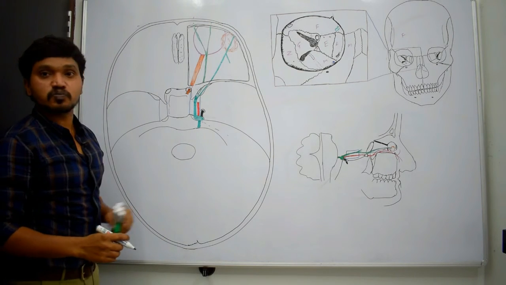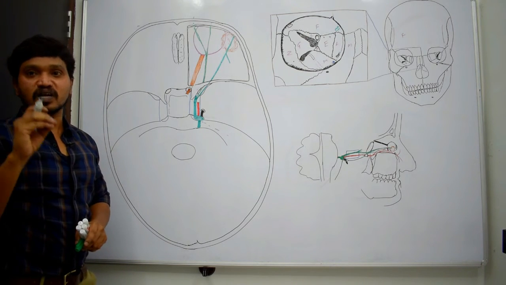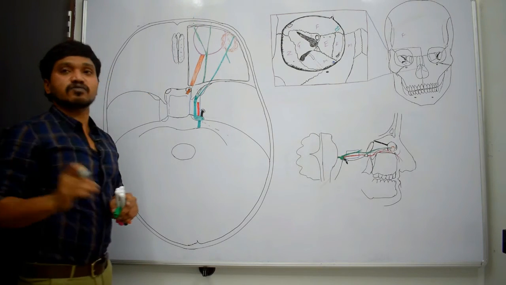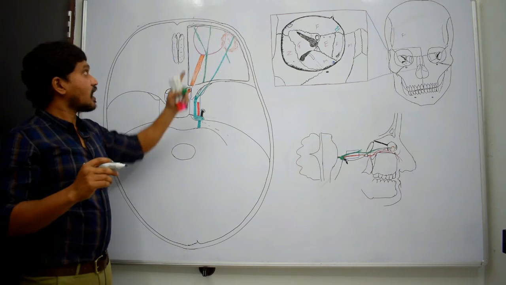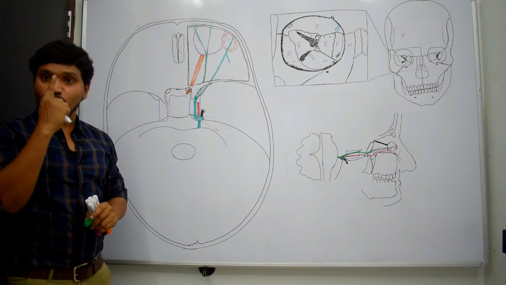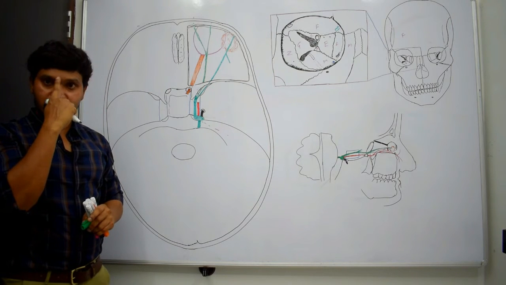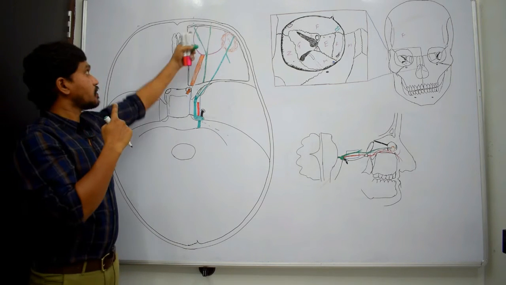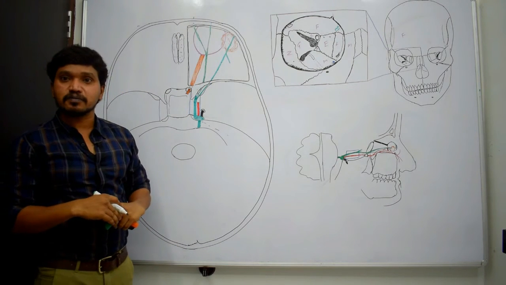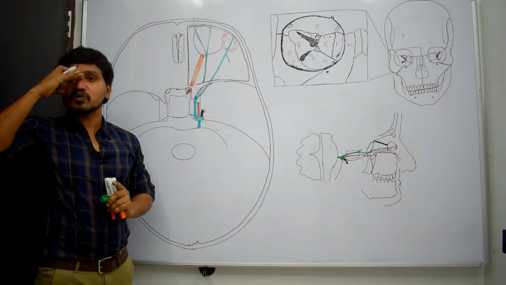First, if we take the supratrochlear. Trochlear means what? Trochlea of the superior oblique muscle. It passes superficial to the trochlea of the superior oblique muscle and emerges out from the orbit and appears on the face one finger breadth lateral to the midline. That means, from the median plane, one finger breadth lateral, it will appear, and it will supply the upper eyelid, conjunctiva and a small part of the forehead above the root of the nose.